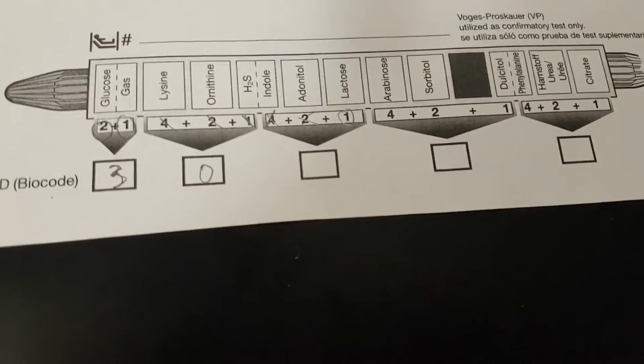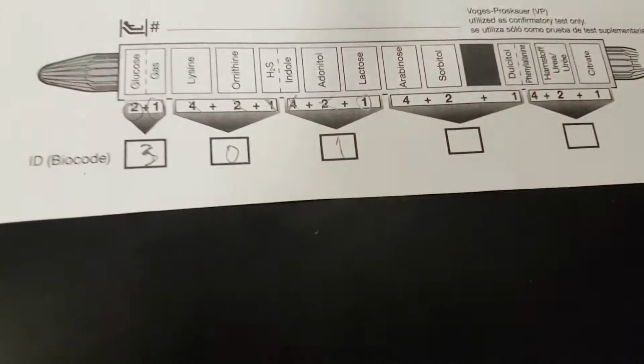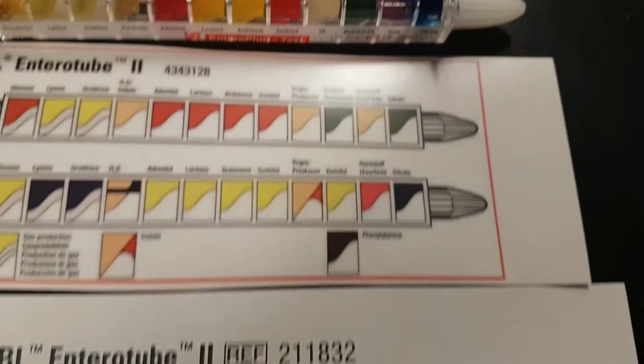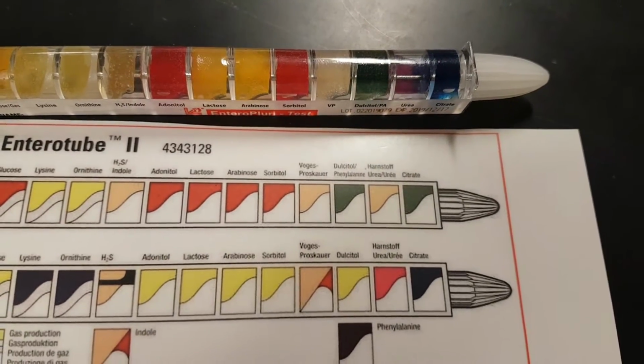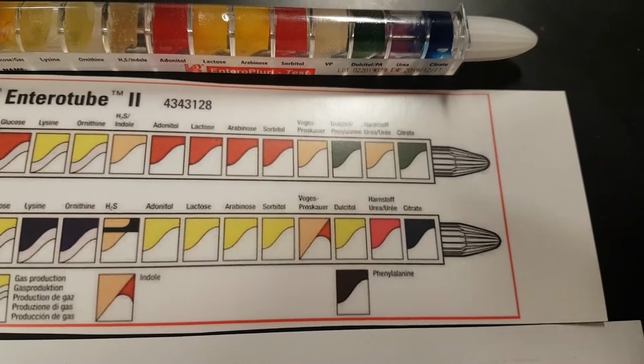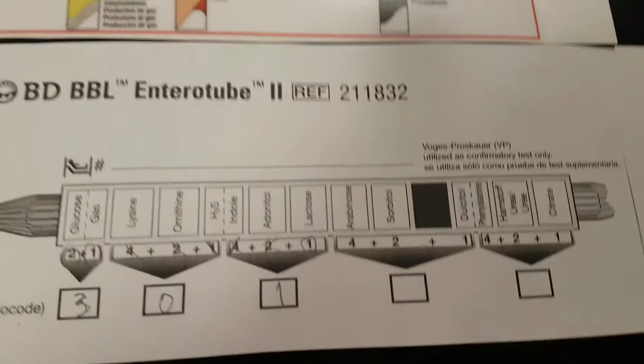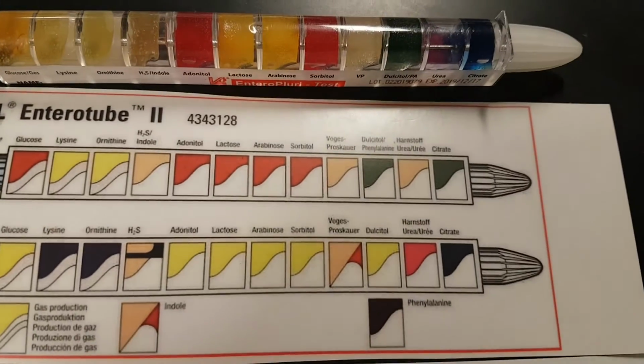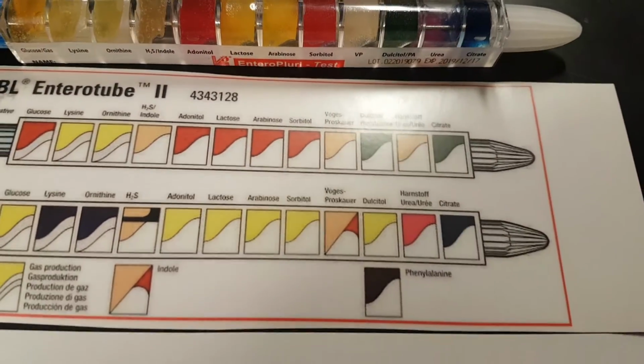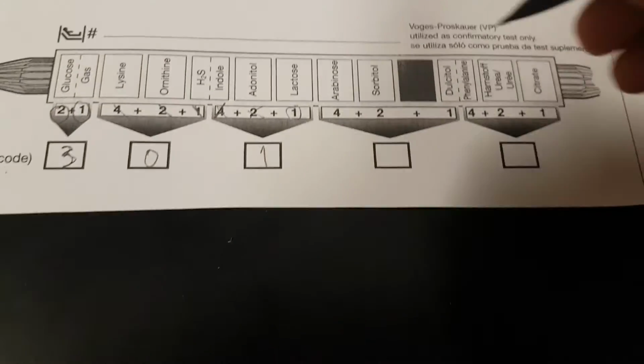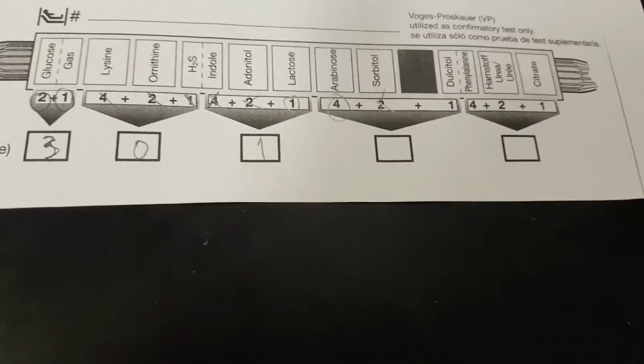We cross off the adonitol, circle the lactose, and that means that we have 1 for this grouping. Now, arabinose, positive, circle. Sorbitol, negative, cross it out.